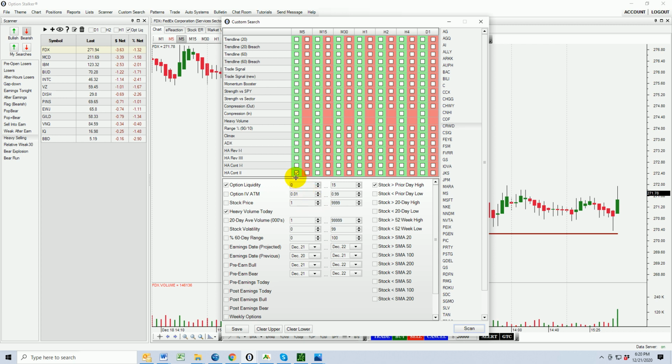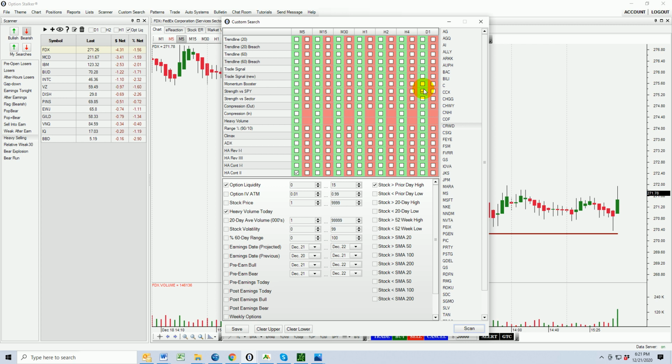On a 5-minute basis, you want to be looking for HA continuation, great option liquidity, heavy volume today, stock greater than prior day's high. You can also go in and you can mark relative strength on a daily basis. So you already know going into the day, this stock is strong relative to the market.